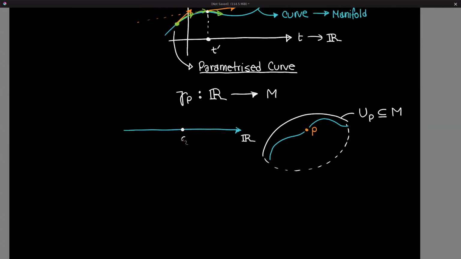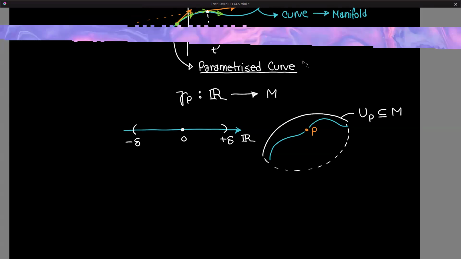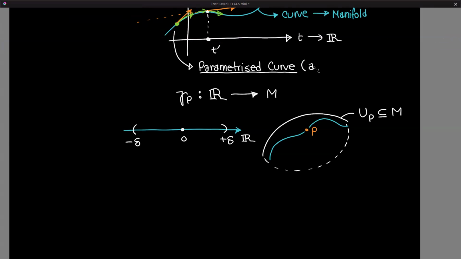So we say, let it be centered on 0 and go from minus delta to plus delta. One thing I want to be careful about here is that this is not the only way you can parameterize a curve. This is a very specific way to parameterize a curve. We're going to call this a parameterized curve that is centered at P.